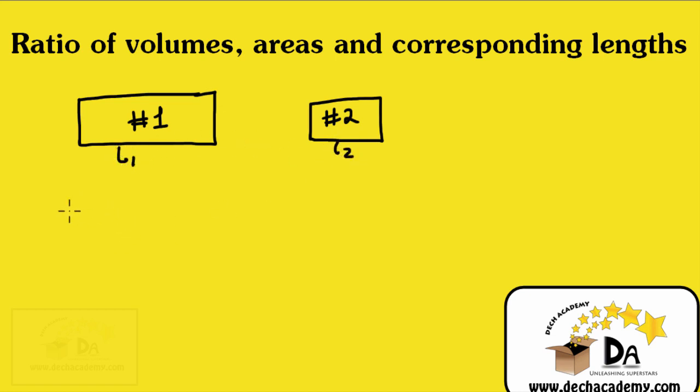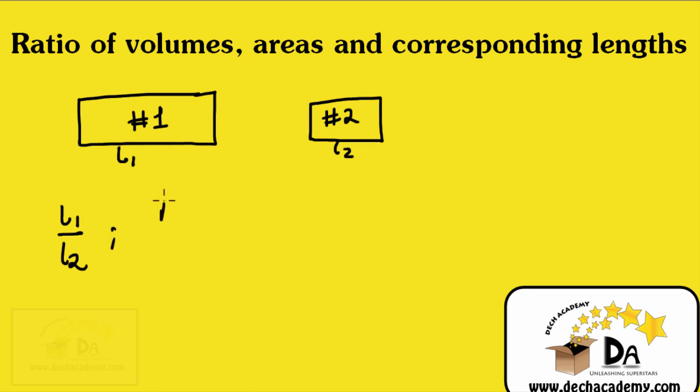Now there's a rule that tells you the ratio of the areas of the two rectangles, and I'll show you. The ratio of the lengths of the rectangles is L1 over L2, where L1 refers to the length of the larger rectangle and L2 refers to the length of the smaller rectangle.